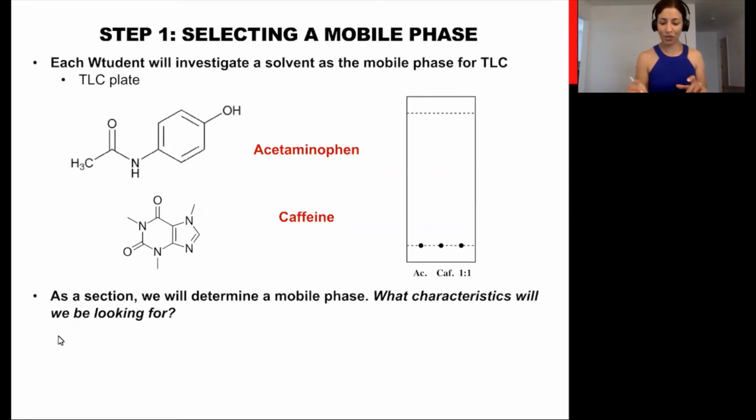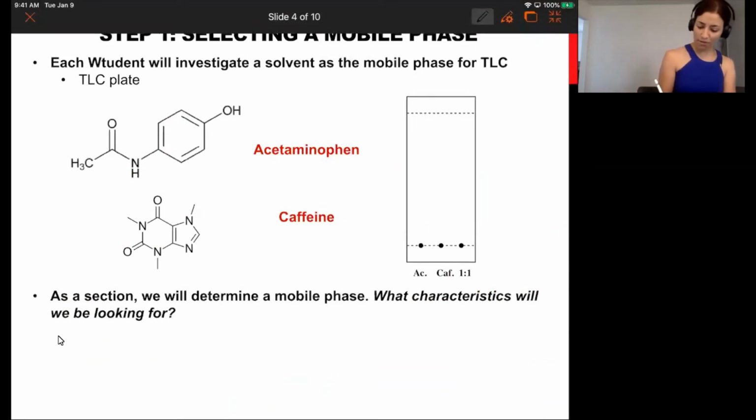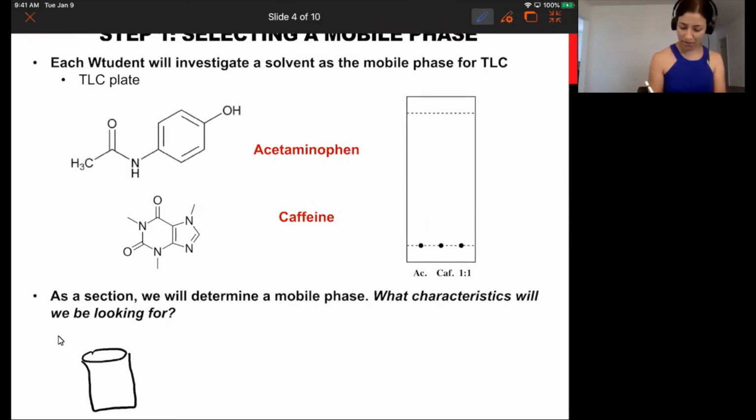Okay. So what you're going to do is you're going to first prepare your developing chamber. So you'll recall that you're going to have your beaker, and you're going to place into the beaker your assigned mobile phase, recalling not to fill that beaker too high, okay?